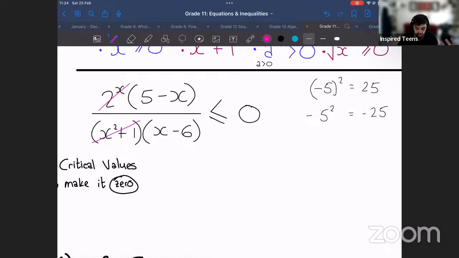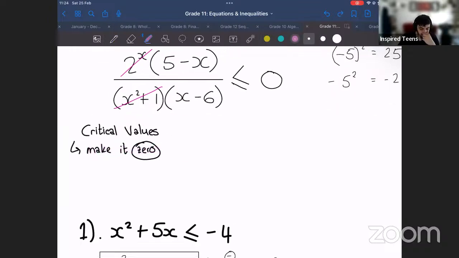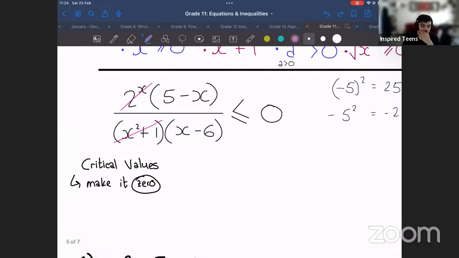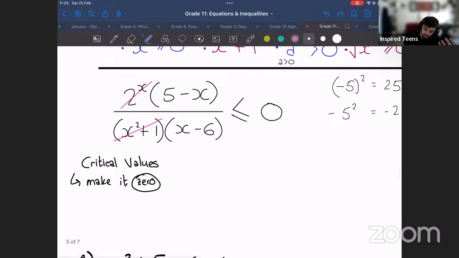Then if we have 5 minus x, x minus 6, those can be negative, so we consider these. Now, remember, what are we doing? We need to find the critical values that make any factor 0. When we have a bracket like this, that's what we refer to as a factor. So we consider both of our factors and equate them to 0.